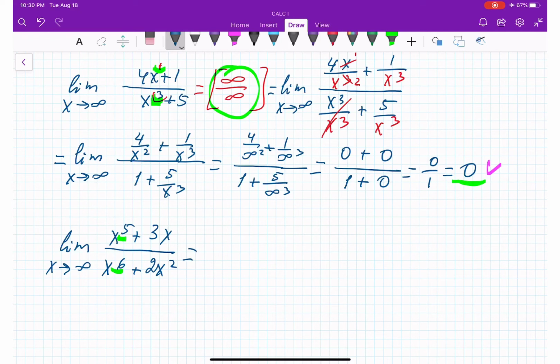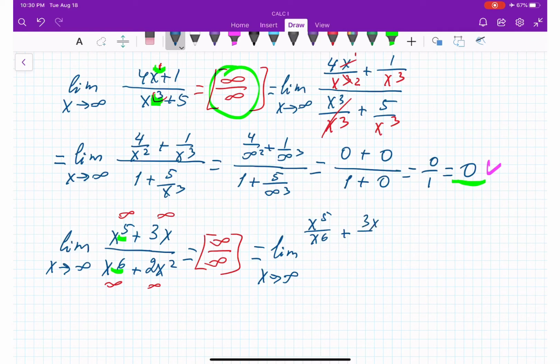If I plug in infinity, I'm getting the infinity over infinity case, right? So I'm going to divide by the highest degree, which is x to the 6: x to the 5 divided by x to the 6, plus 3x divided by x to the 6, over x to the 6 divided by x to the 6, plus 2x squared divided by x to the 6.